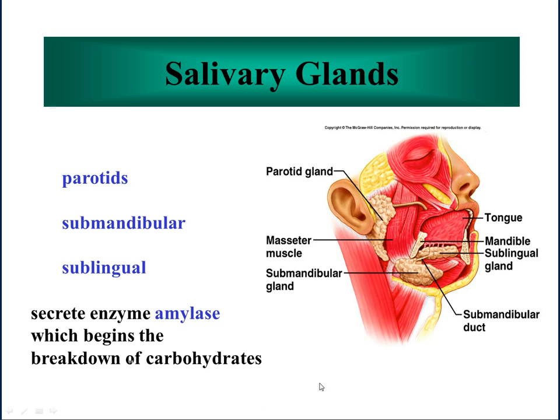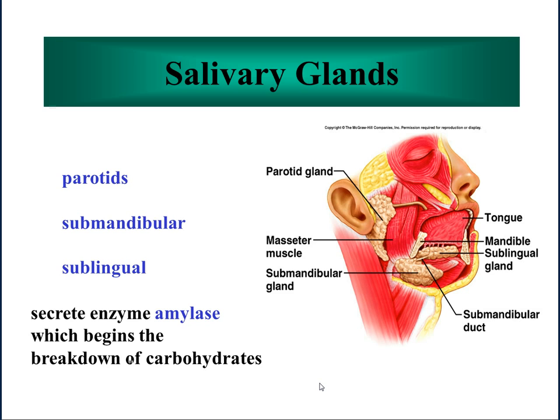Now you have more complex carbohydrates, and again I said they needed to be monosaccharides, so the polysaccharides are more complex, like the starches and glycogen, which is a carbohydrate found in meat.